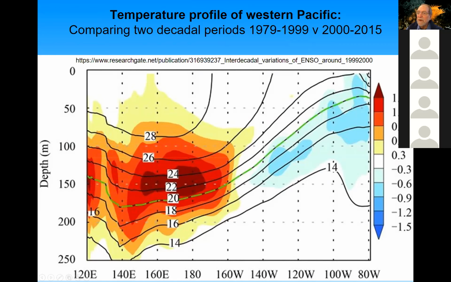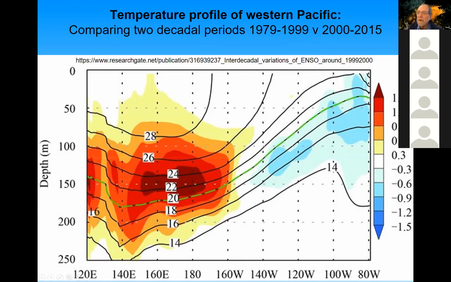Okay, so here's the white, which indicates no change. Positive numbers indicate a change in temperature. Blue colors would indicate negative changes.